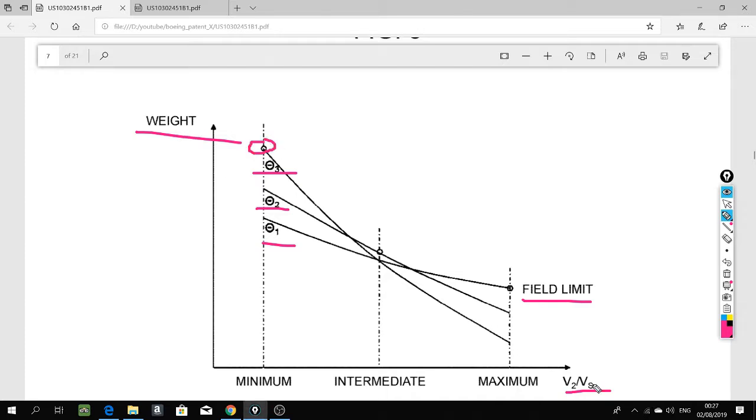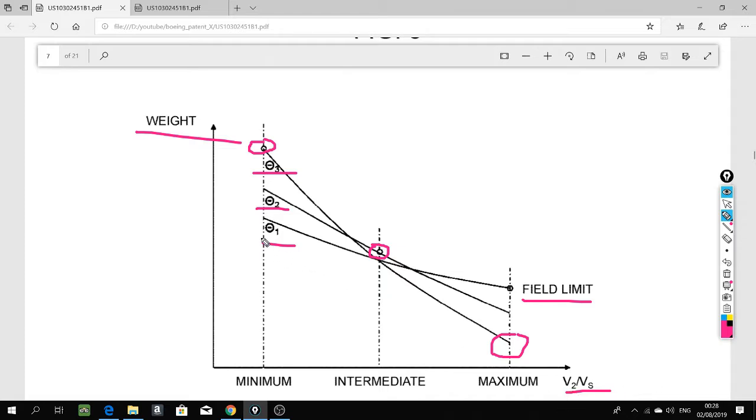If one point is here on this curve, the other point is here, and the middle point is somewhere here. Similarly, for a very low pitch angle at low speed, it is able to take a higher amount of weight at high V2 over Vs ratio, but in the intermediate point it's lower than the other pitch angle. So there is a wide range of characteristic curves for certain pitch angles versus speed limit in the context of weight versus V2 over Vs ratio.